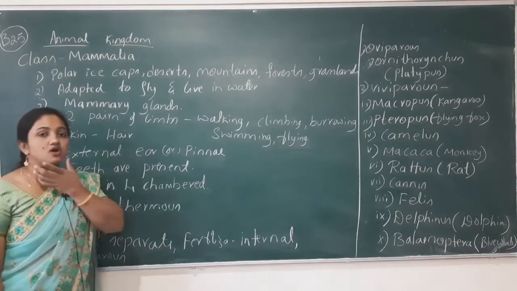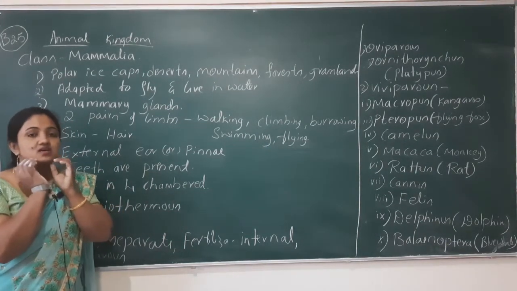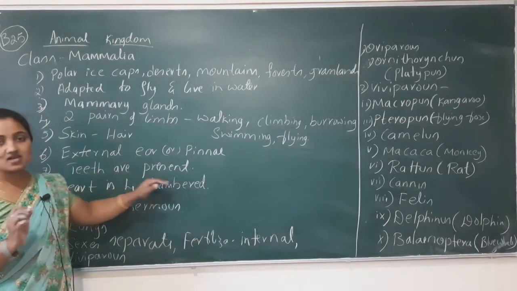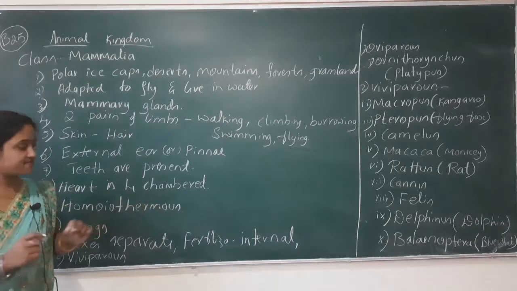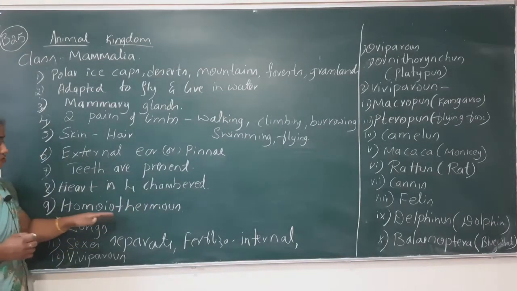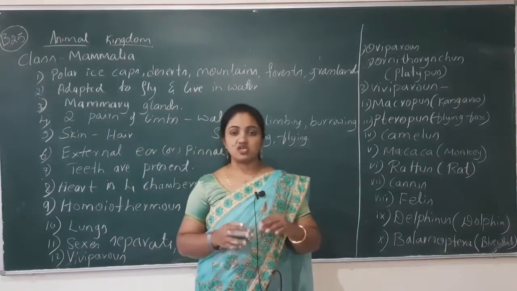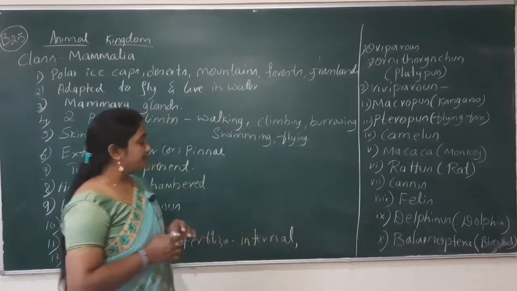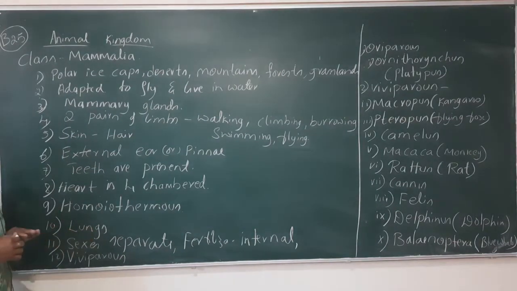In the jaws, teeth are present. So this is the jaw line. In the jaw, teeth are present. As usual, the heart is four-chambered and they are homeothermous. They can compensate their body to any temperature. They have lungs for respiration.